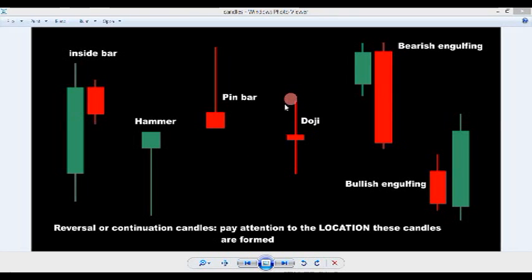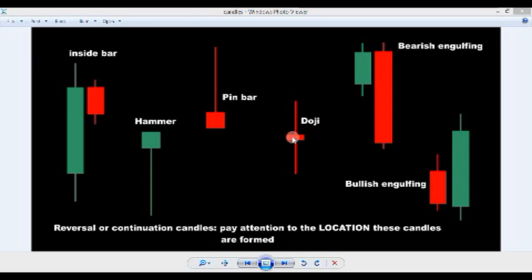Now here we have another candle. It's a doji candle. A doji candle is an indecision candle. It's showing you that the bears and the bulls are not able to arrive at which direction the trend should go next. In an indecision period, the market simply remains stagnant, and that is what you are seeing here.